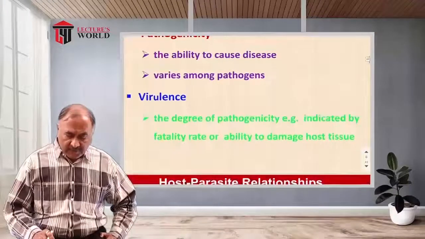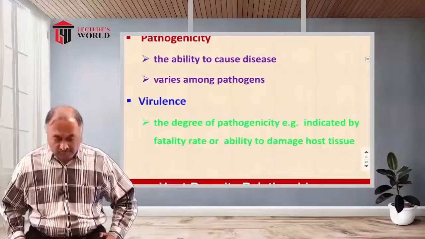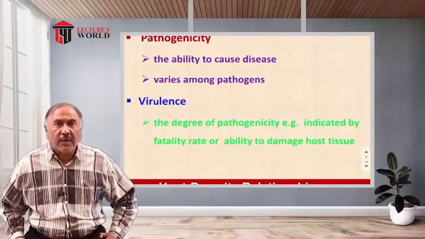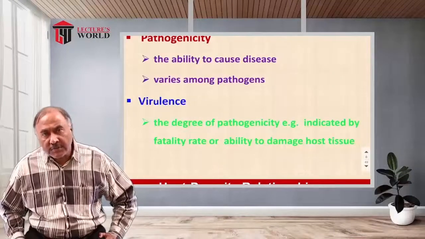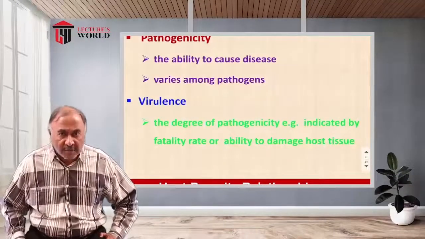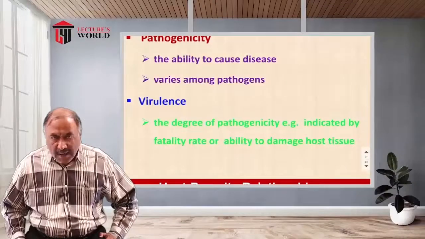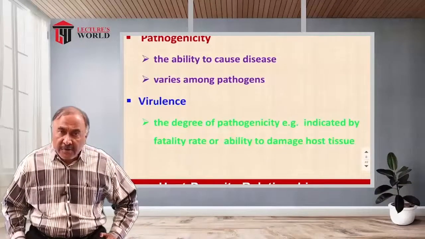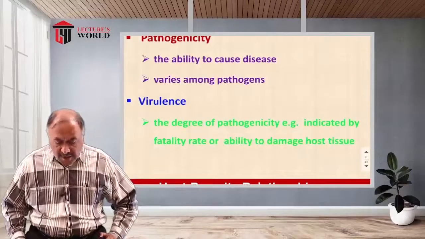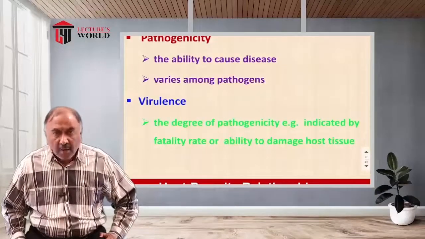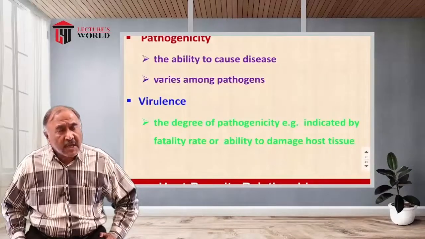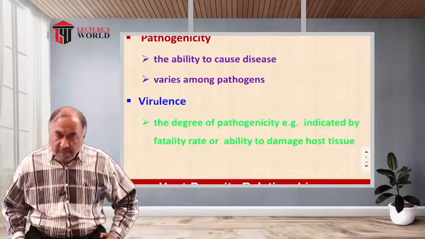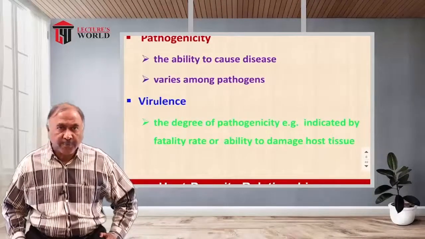Now comes virulence. What is virulence? Virulence is a degree of pathogenicity. It is measured in terms of fatality rate, mortality rate, or in simple words, the ability to damage the host tissue.